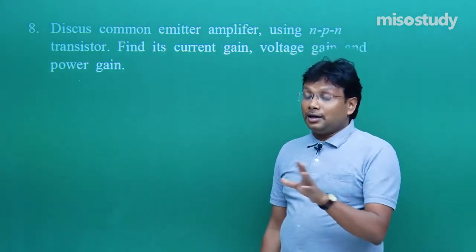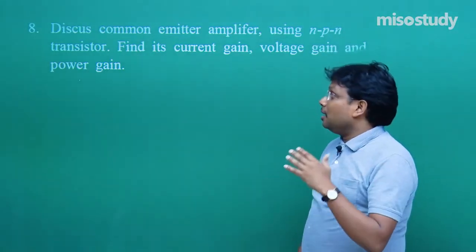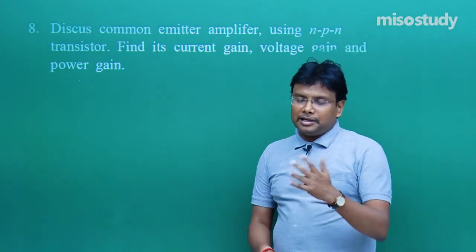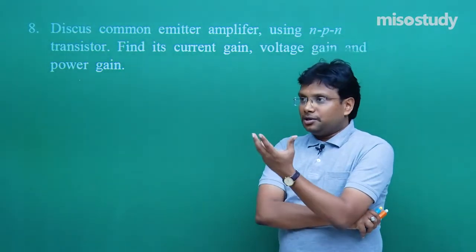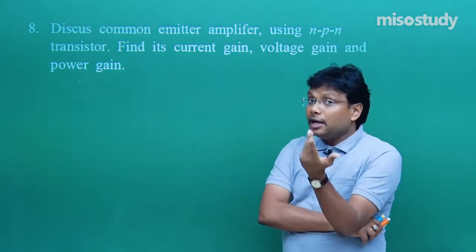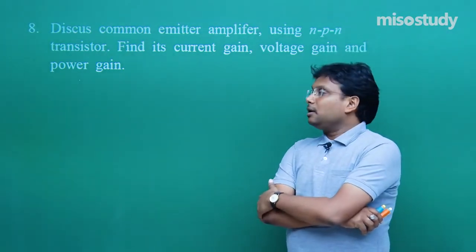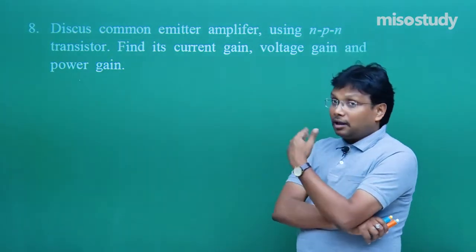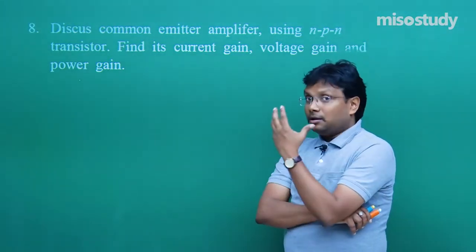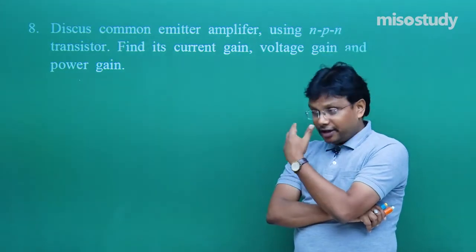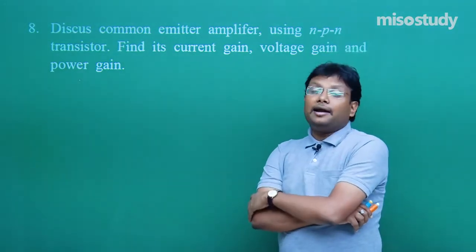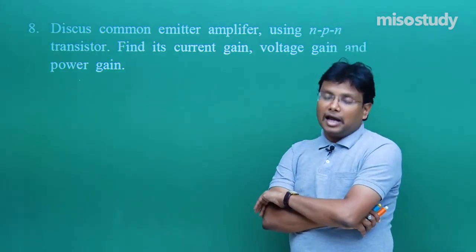For the common base combination, whether NPN or PNP transistor, the gain is less than unity. The third one is this common emitter amplifier. Phase change between input and output takes place here, it is the most used, and the gain is very large.